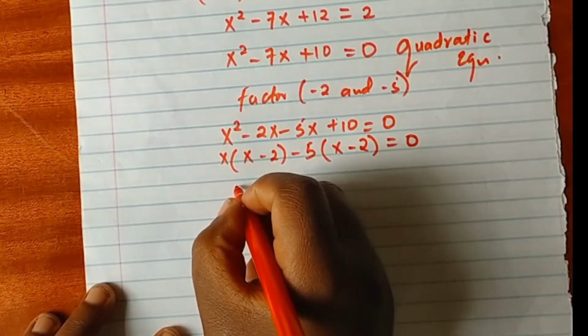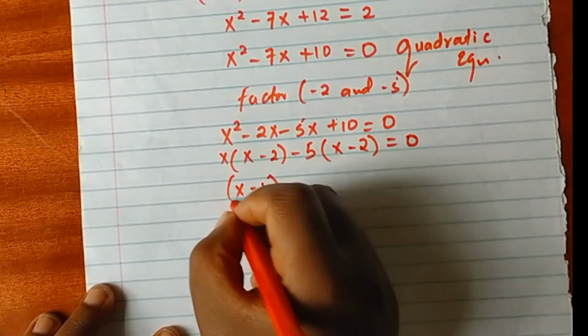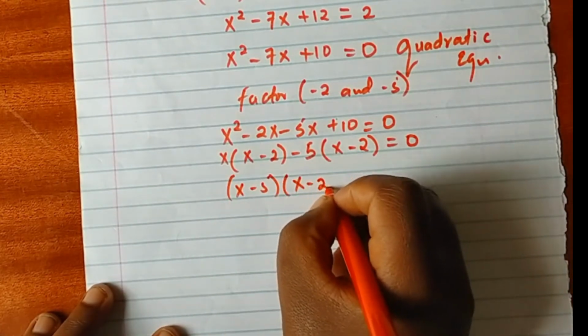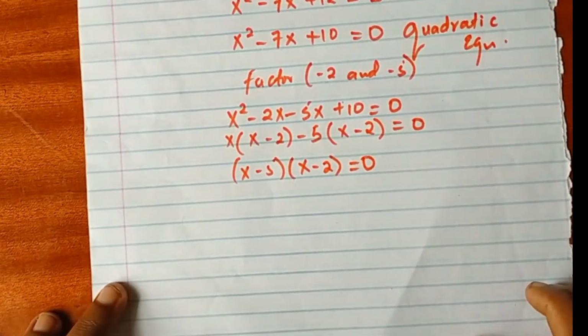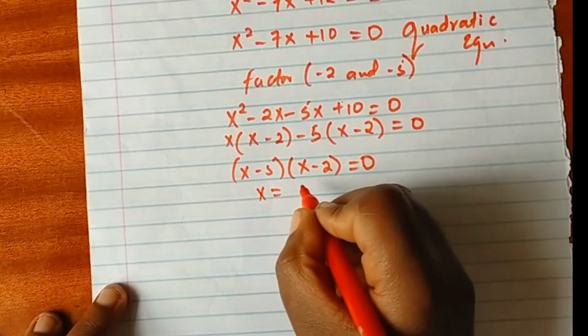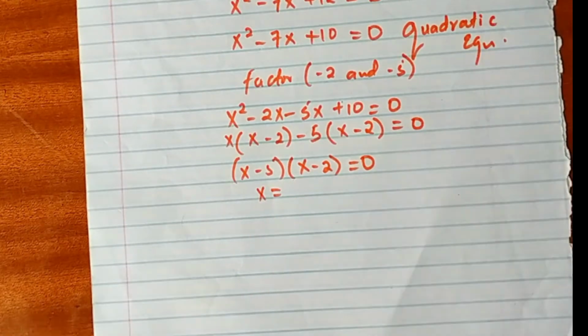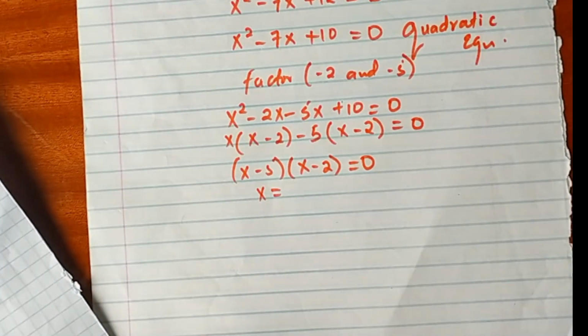Therefore we have (x minus 5)(x minus 2) equal to 0. That implies that x is equal to 5 or x is equal to 2.